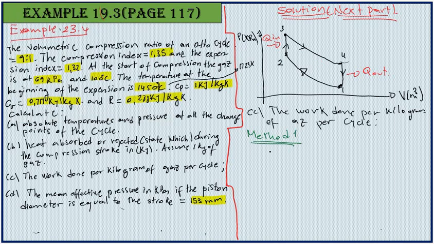So I'm going to say W is equal to Q in minus Q out. Now we need to find Q in and Q out. We can find that in terms of CV and temperatures of the process.